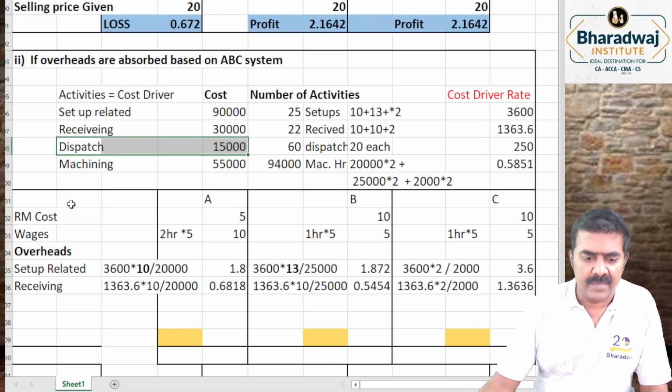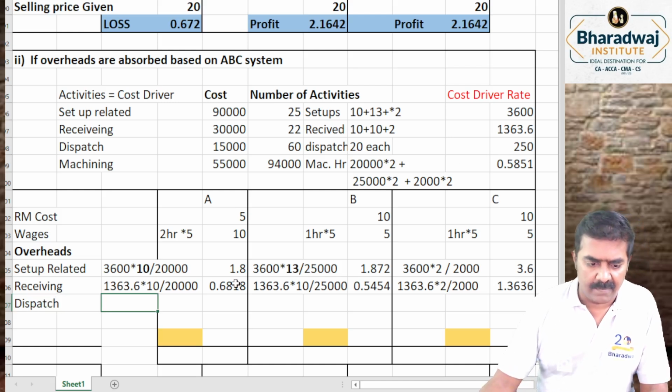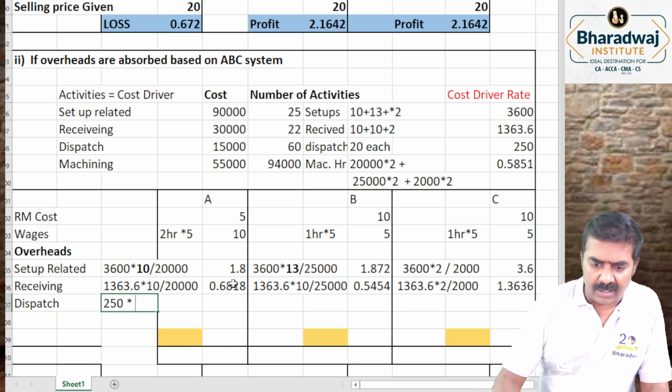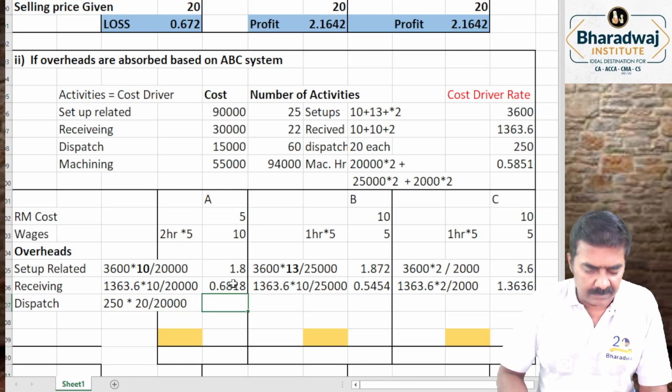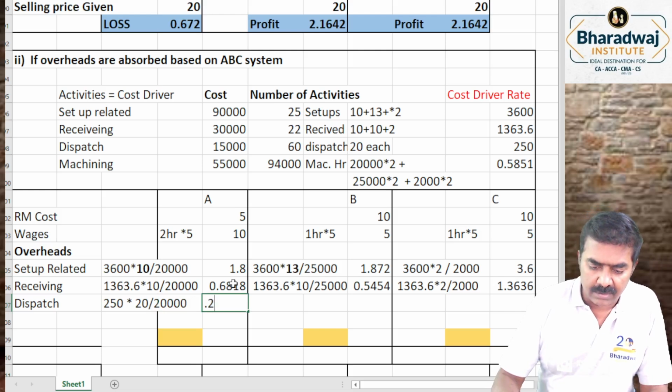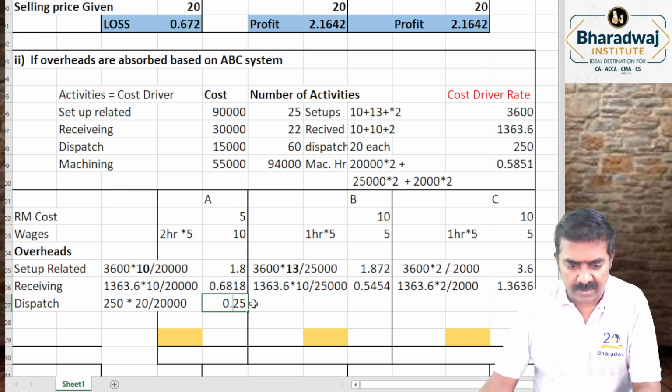What is the next one? Dispatch related cost. How much you get? 250 into 20 by 20,000. Tell me. 0.025. Then next.